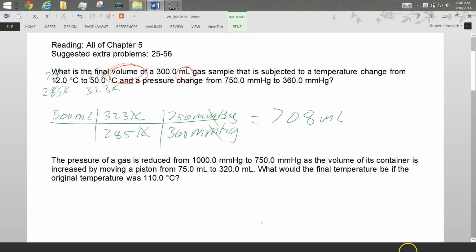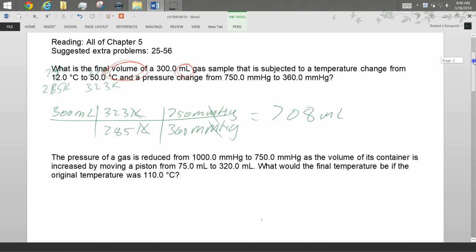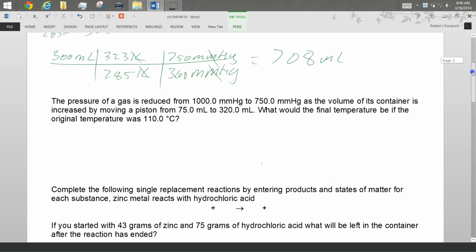Okay. Which gas law was that? Combined, yep.